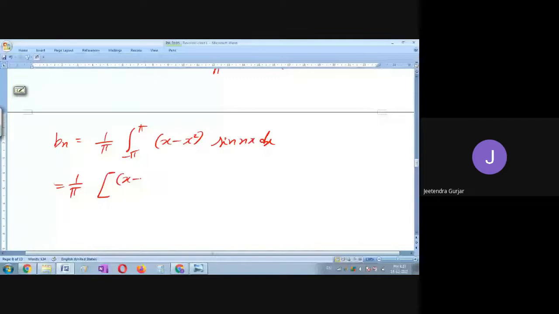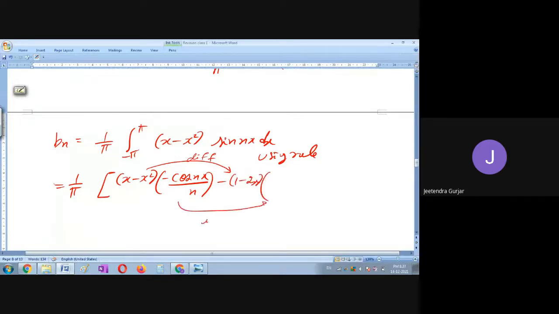First keep x minus x square as it is using Bernoulli's rule. Okay. Integrate sin nx. It is minus cos nx divided by n, minus, differentiate this. So this will be 1 minus 2x.